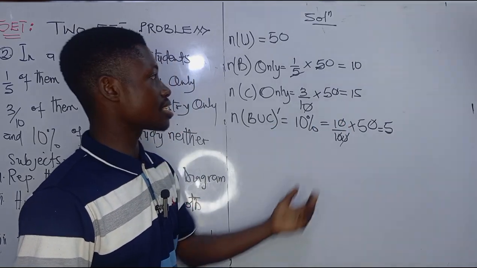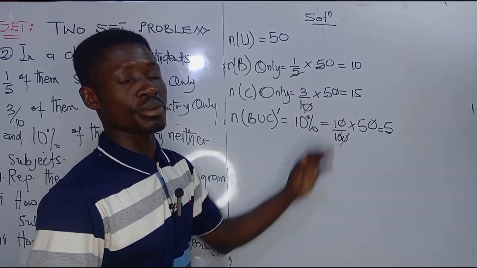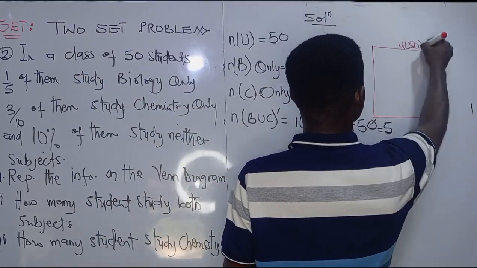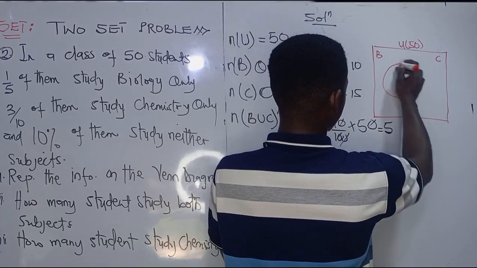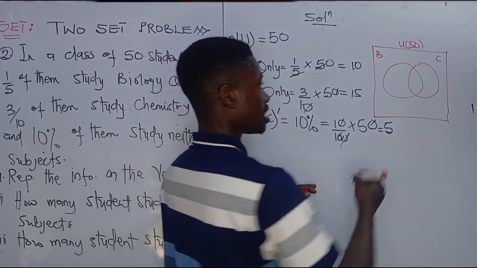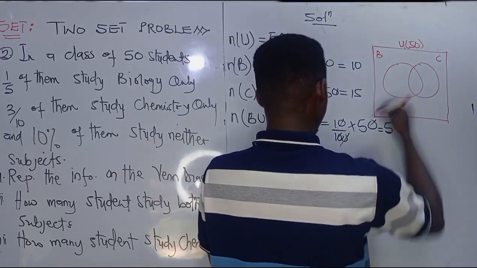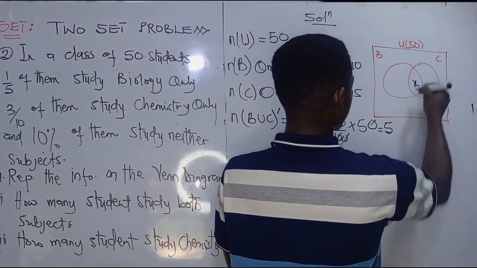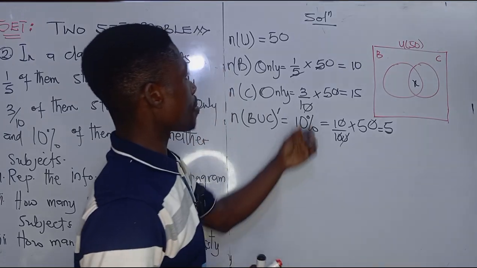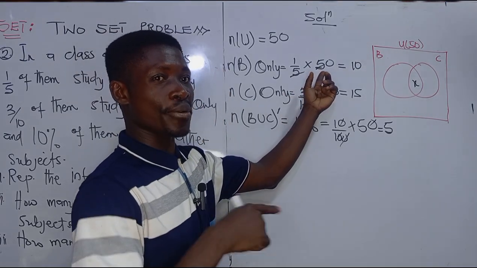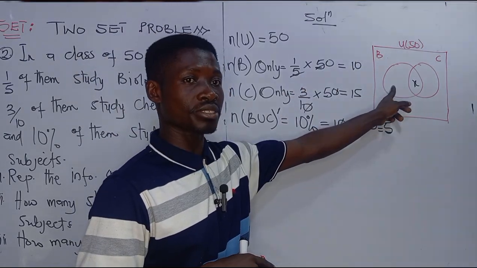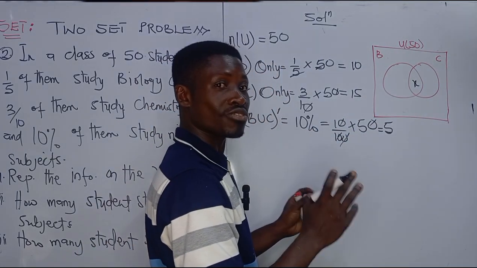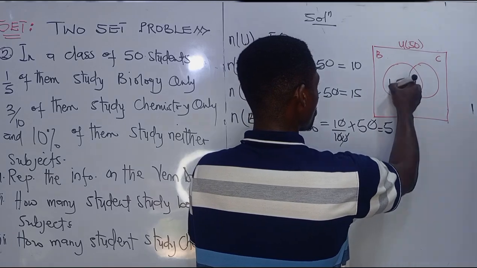Now that we have these numbers, we can represent them on the Venn diagram. Let X represent the number of students who offer biology and chemistry. Now, the region for biology only is this particular region, so we are not going to subtract X from it. We are just going to put the whole of 10 there.